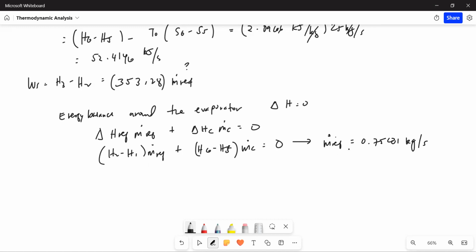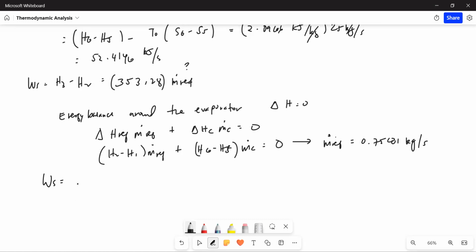We have to multiply this value to everything that deals with the refrigerant stream, and everything that deals with the chilled water stream we multiply with the mass flow rate of the chilled water.